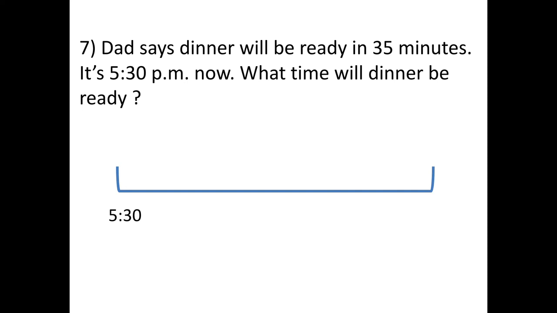Okay. What do I do at the beginning? The first jump. From 5:30, I need to go to the next hour. What comes after 5:30? 6. How many minutes did I use from 5:30 till 6? 30 minutes. Okay, what do I do after that?